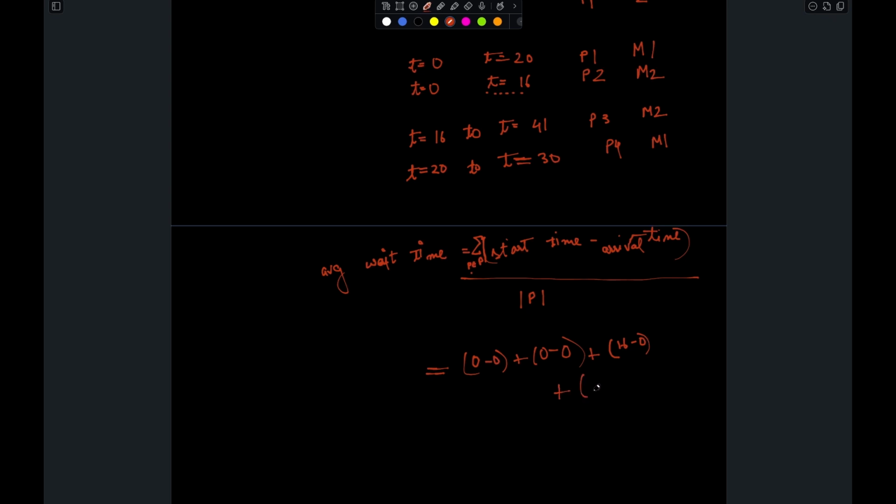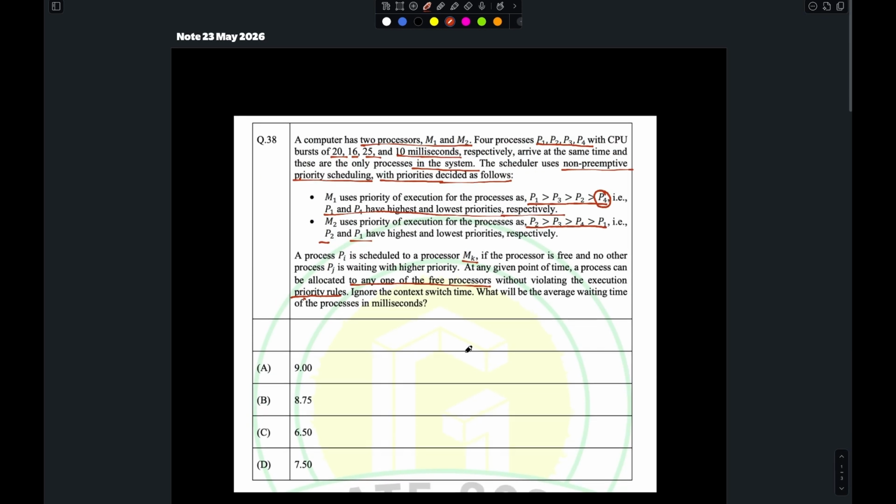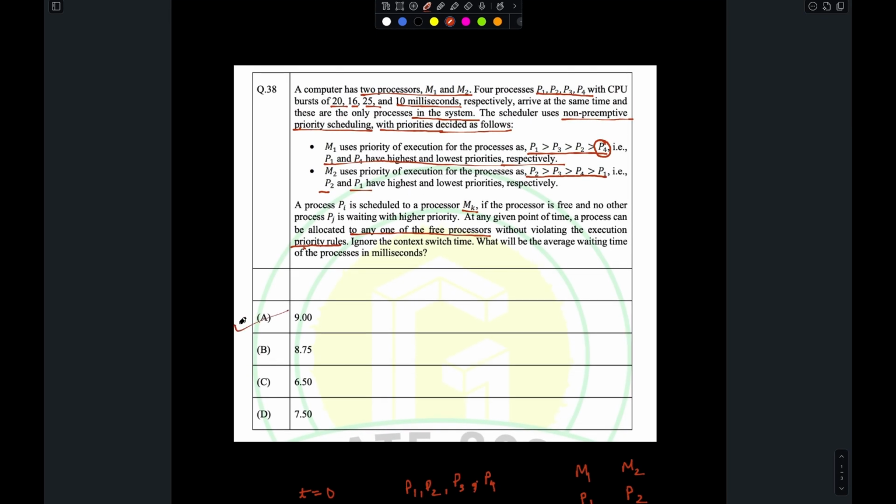The start time of P3 is 16 while the arrival time is 0 milliseconds. And for process P4, the start time is t equals 20 milliseconds and the arrival time is 0. Now if we divide this by 4, the total number of processes, we get 36 by 4, that is an average of 9 milliseconds of wait time.